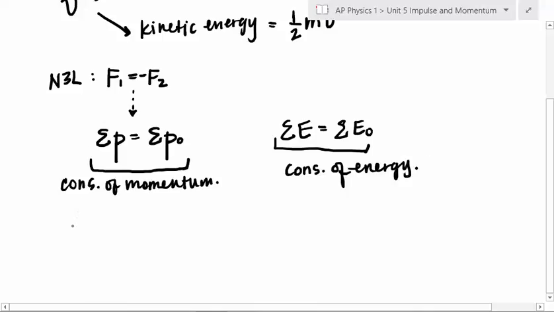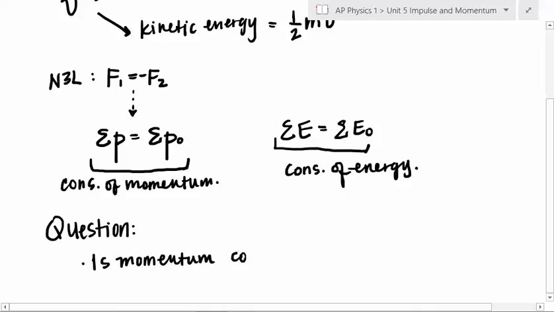So what I want to know is the answer to these questions. Is momentum conserved during a collision?